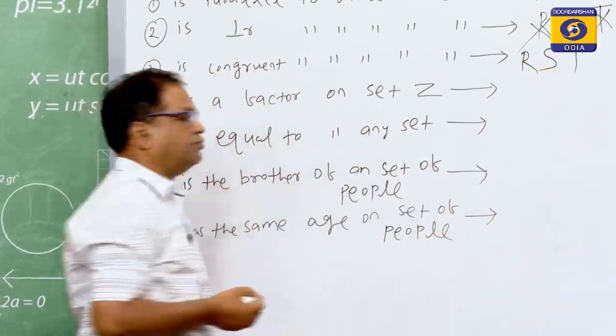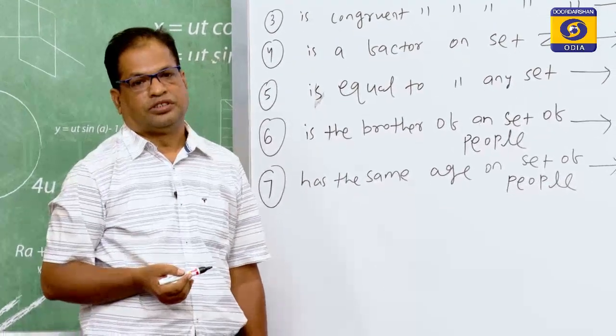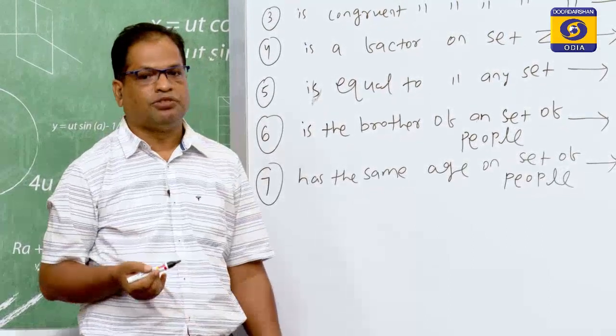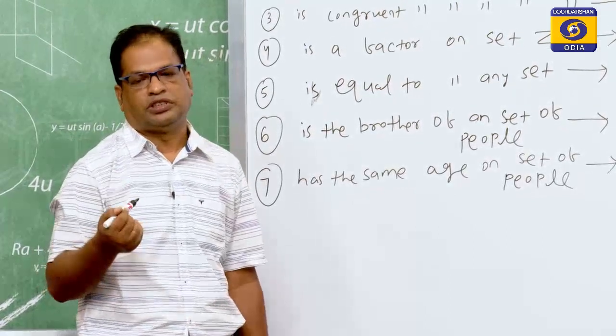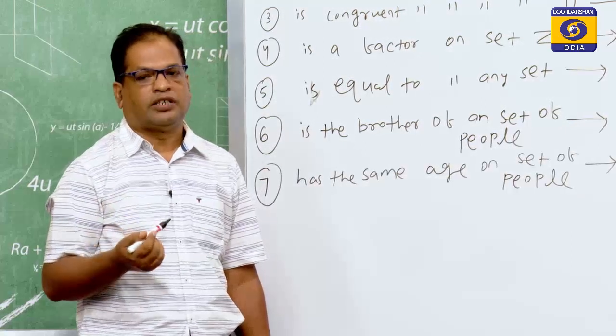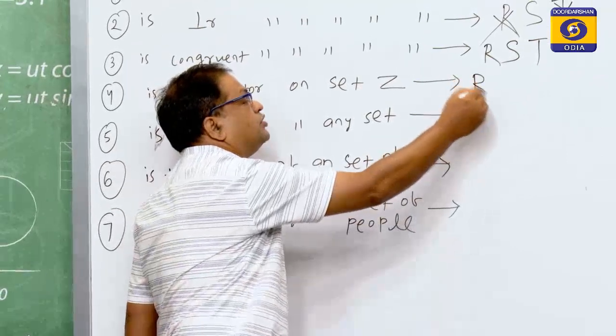"Is a factor of" on the set of integers. So, when we test for reflexive, that means every integer should be a factor of itself. 6 is a factor of 6, 5 is a factor of 5, -1 is a factor of -1. So this is reflexive.